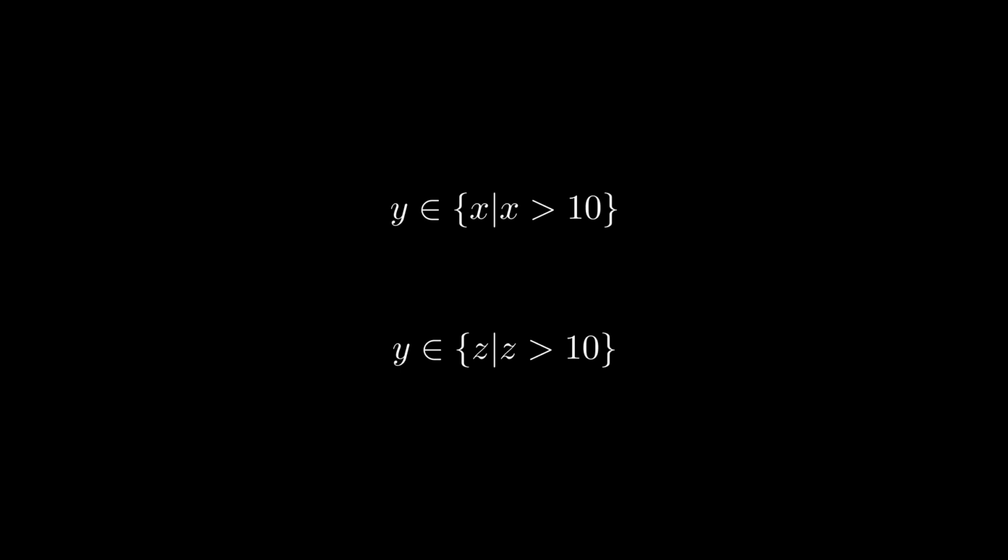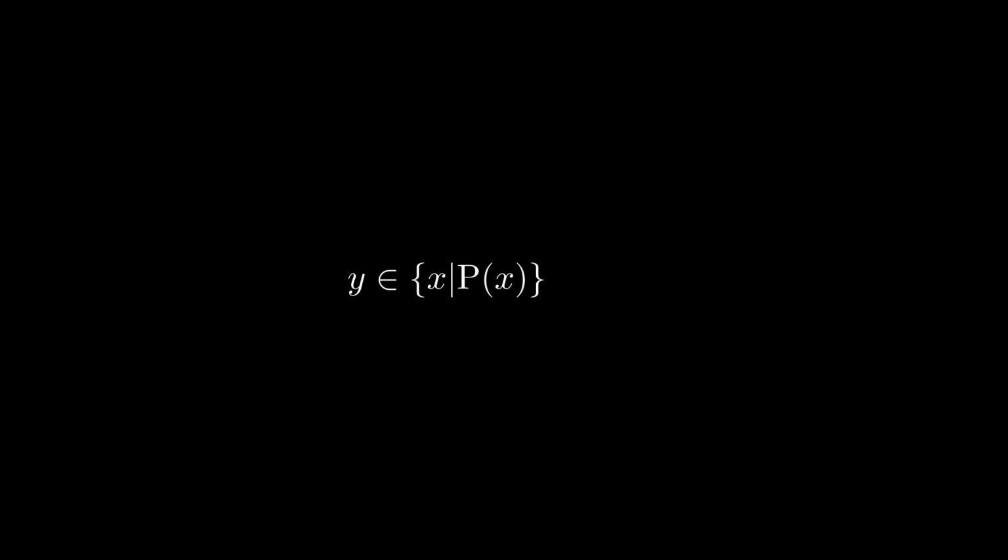These statements are equivalent. So these statements are about y, and generally, this statement, where p of x is the elementhood test of the set, is the same thing as p of y. Thus, we can define the truth set of a statement p of x as the set of all x that pass the elementhood test of p of x.